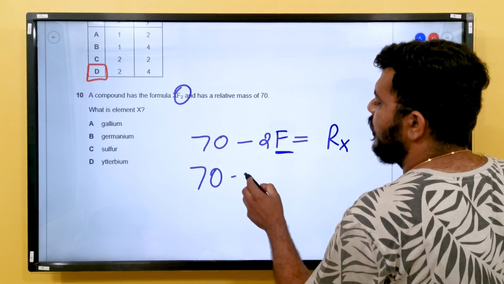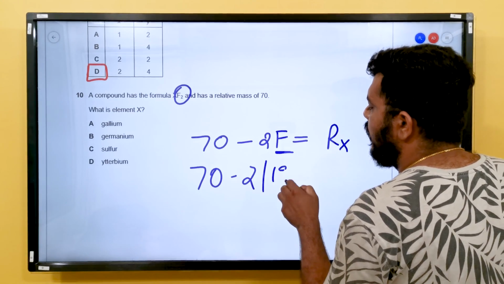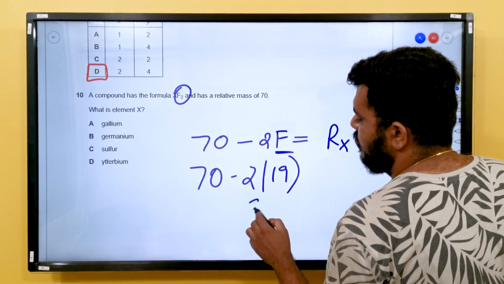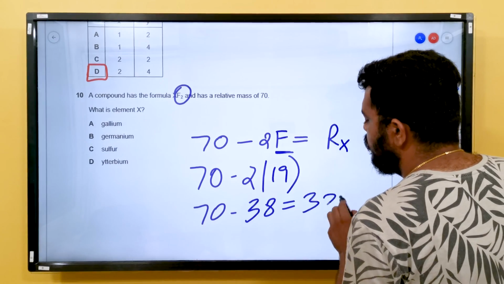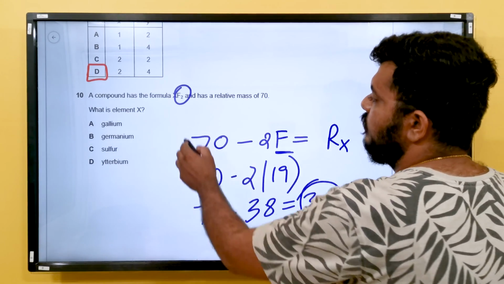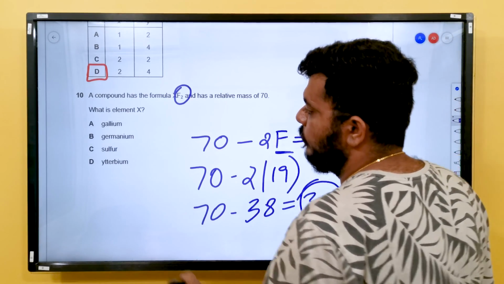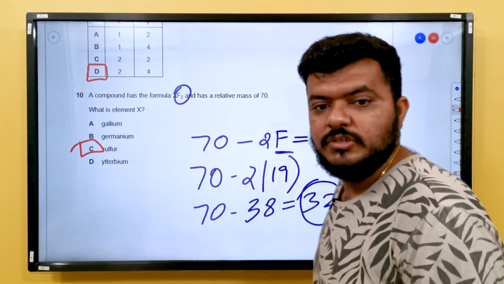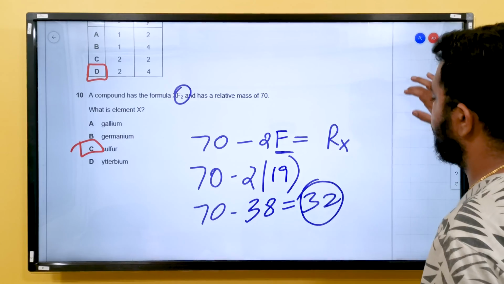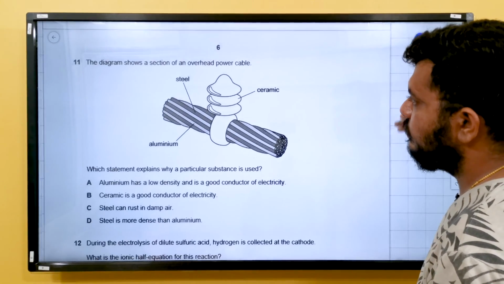So 70 minus 2 into 19. 2 times 19 is 38. 70 minus 38 is 32. So the relative mass of the atom X must be 32. And such an atom is nothing but sulfur. So that's your answer.